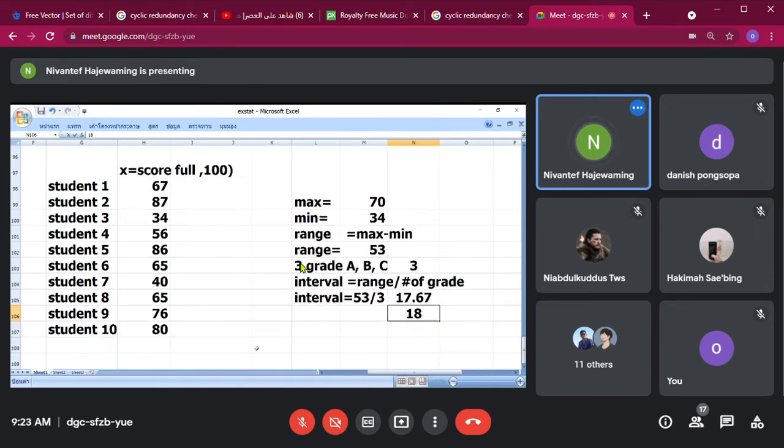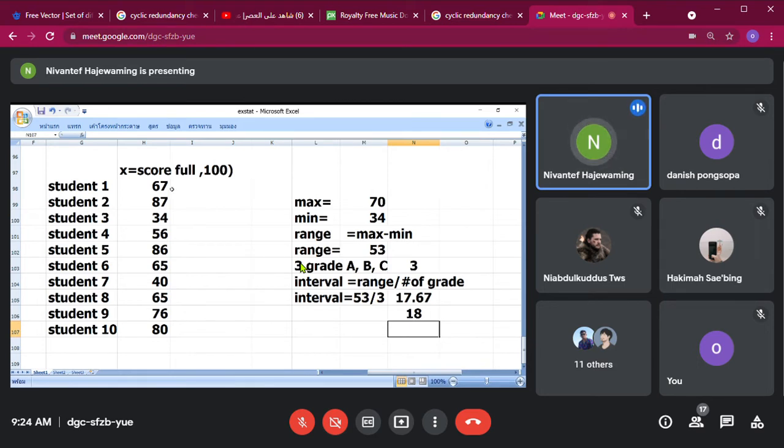It means starting from the minimum, you plus 18. Each grade differs by 18.